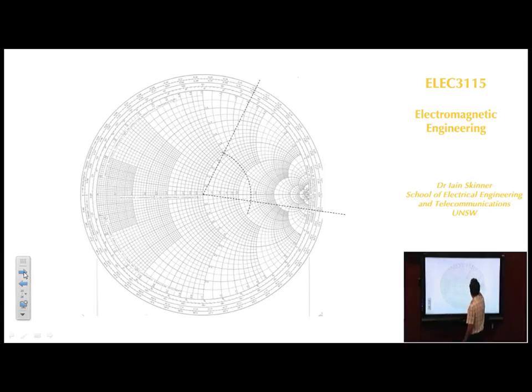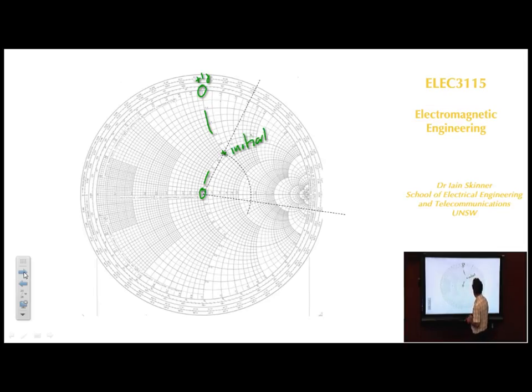We plot 1 plus J up here, because we've looked for the circle R equal to 1, and the reactance is equal to plus 1J, so we're on this curve, we're on that curve, they intersect at that point.